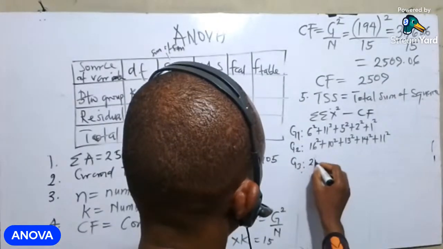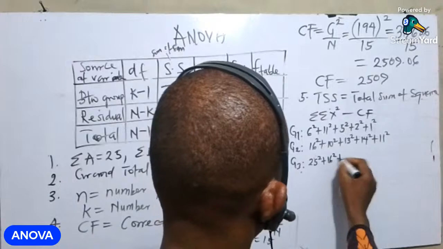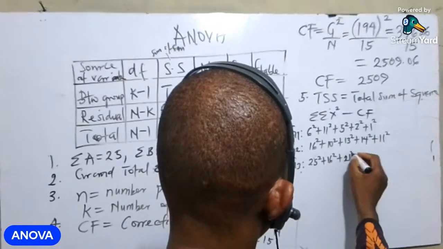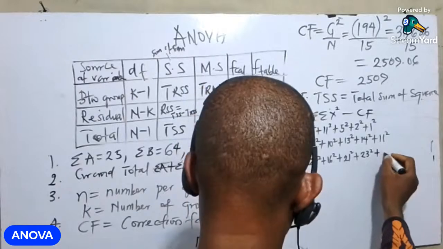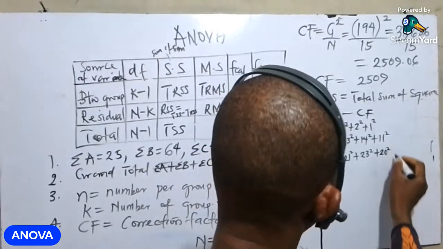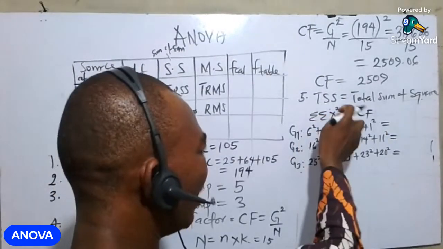Group 3: 25 squared plus 16 squared plus 21 squared plus 23 squared plus 20 squared. So you square everything and add everything together.